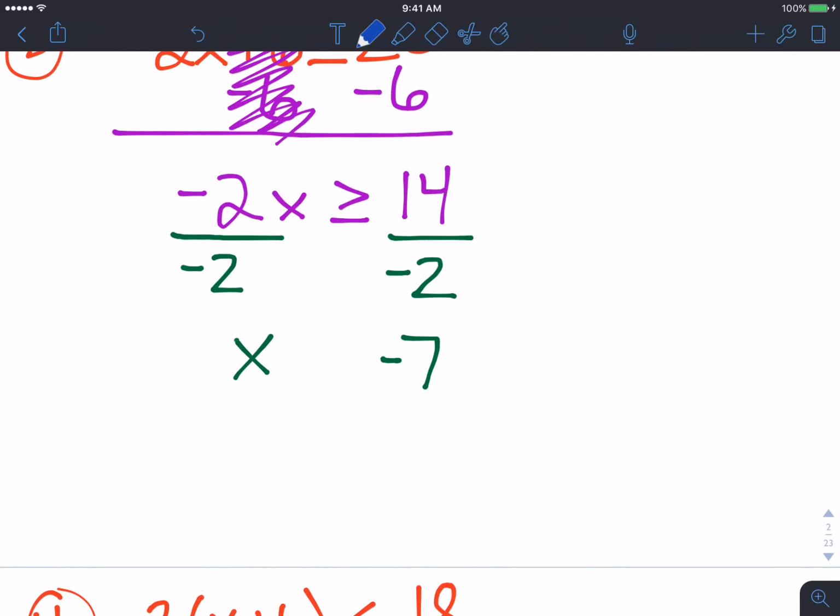Now, when you divide by a negative, you have to flip the sign. And this is uber important.